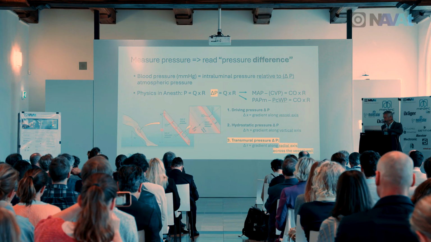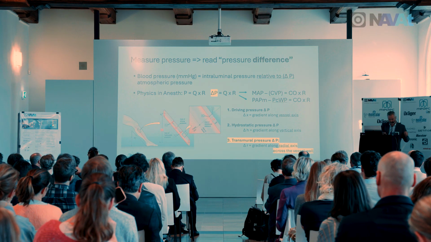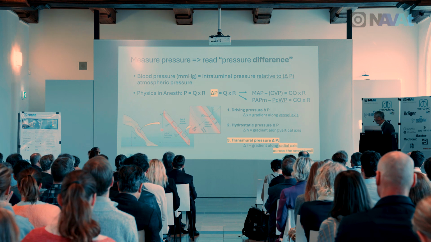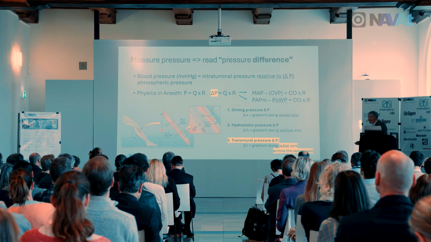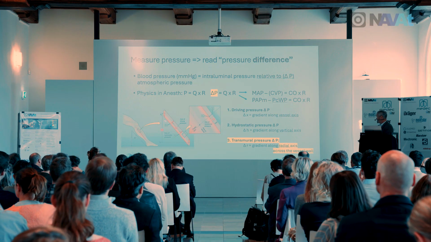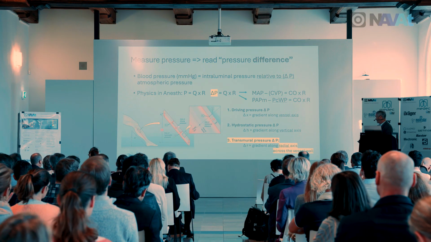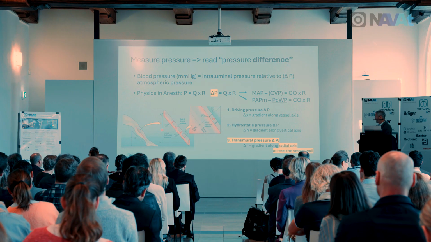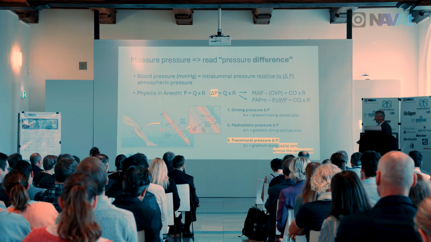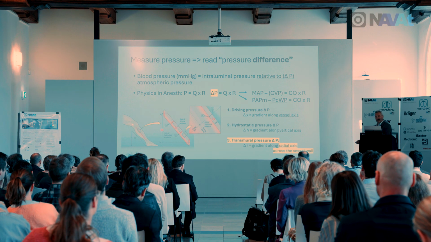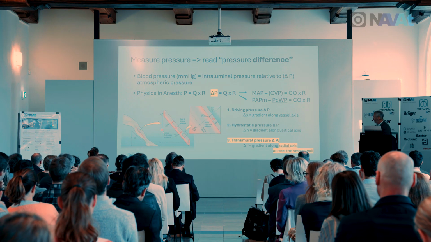So here is the illustration. If we measure blood pressure, I think I have a pointer here. What's the button? Yeah. If we have two pressures in a vessel, it is the difference between those pressures along the axis of that vessel that actually relates to flow and resistance according to this formula.